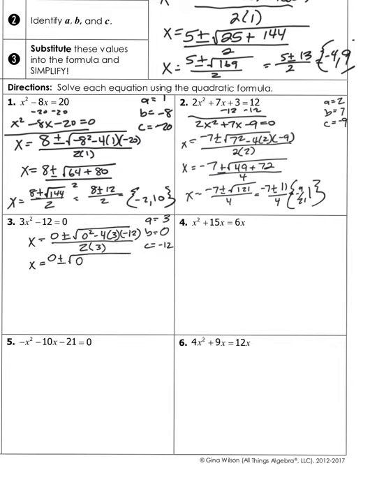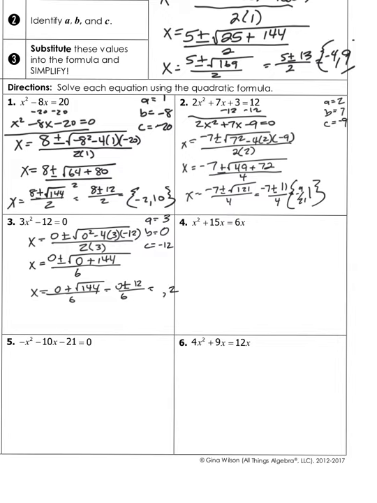And we'll go ahead and start off by simplifying the numbers under the radical. 0 squared is 0. Negative 4 times 3 is negative 12. And negative 12 times negative 12 is positive 144, all over 6. x equals 0 plus or minus the square root of 144 over 6, which is 0 plus or minus 12 over 6. 0 plus 12 is 12 divided by 6, which is 2.